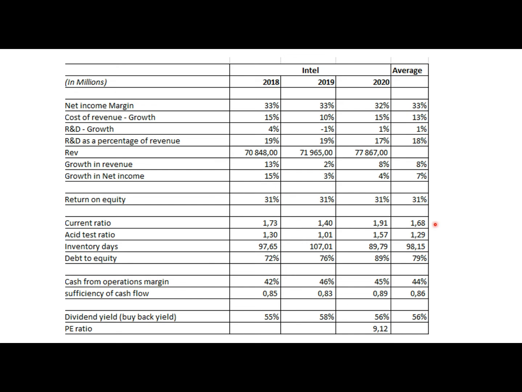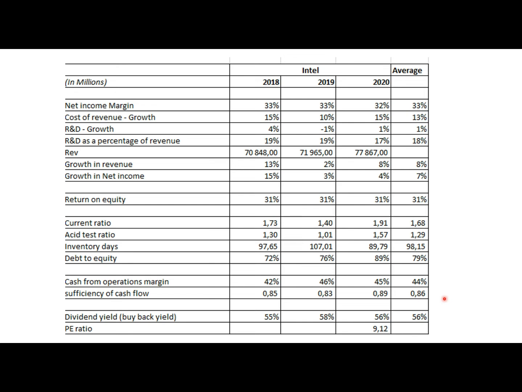Alright, so the cash position. The cash margin, again, is very impressive at an average of 44%, above the industry average of 32%. And again, it's very stable, a good indicator of a mature business model, as well as an entity that can generate revenue from its operations. I mean, in 2020, 45% of its revenue turned into cash.